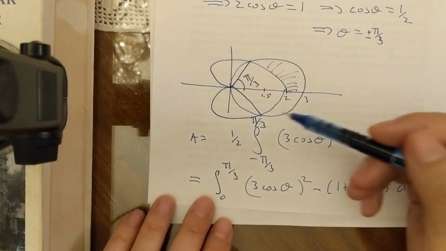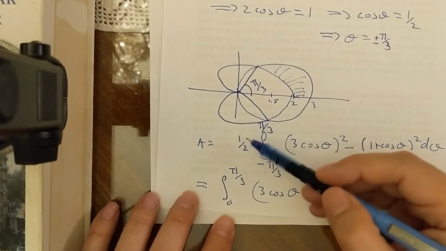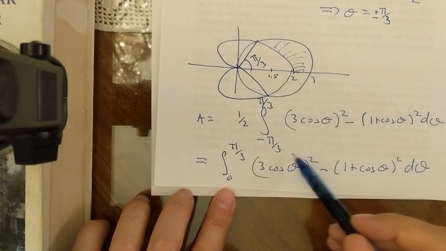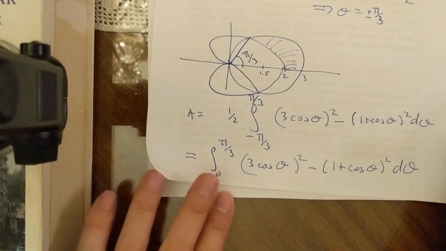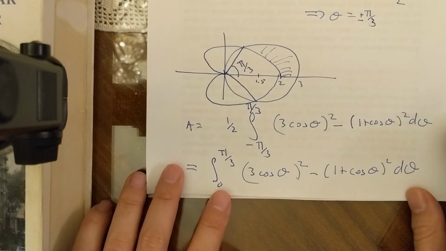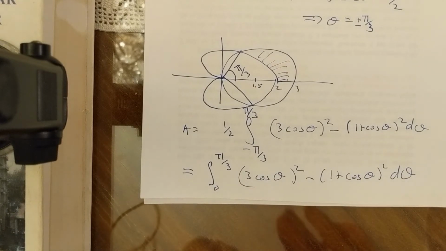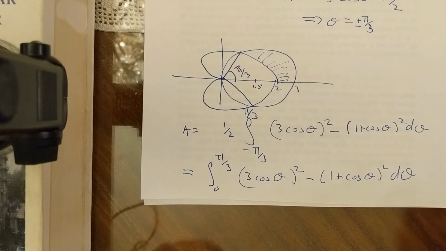So I'll just calculate the upper half and multiply it by 2. Once I multiply by 2, I get rid of this 1/2. So it's going to be 0 to pi over 3 of the circle squared minus the cardioid squared d theta. You can finish that on your own. It's not very interesting. The setting up of these is more important than actually solving them from our perspective.